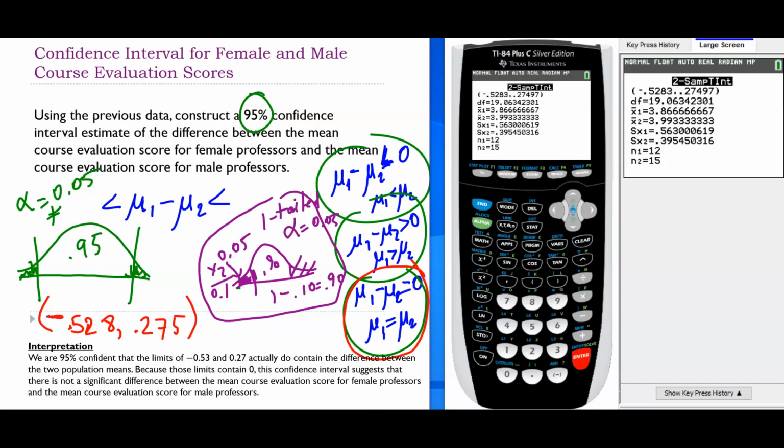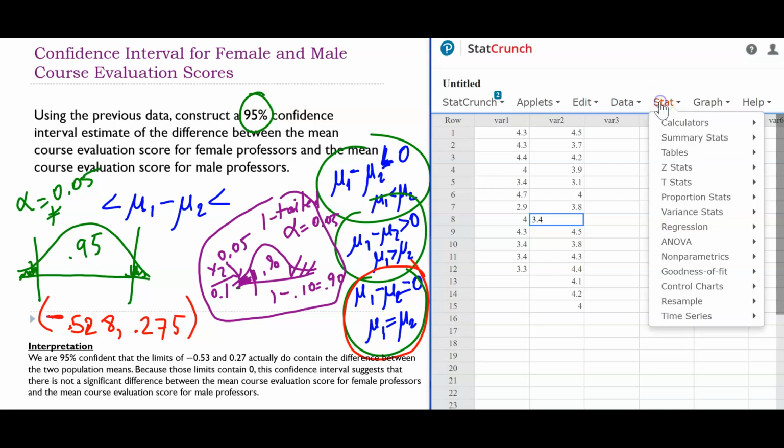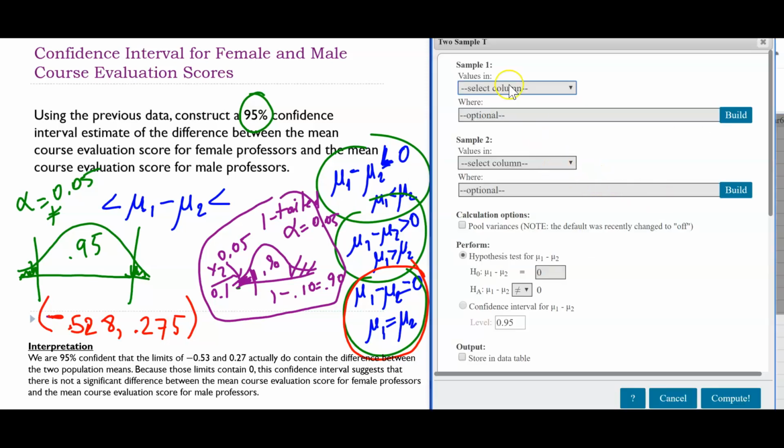Now let's do it on StatCrunch. After you enter the values in StatCrunch, you go to Stat, T Stats, Two Sample, With Data, select column 1, var 1, column 2, var 2, choose confidence interval for mu1 minus mu2, confidence level 0.95, compute.